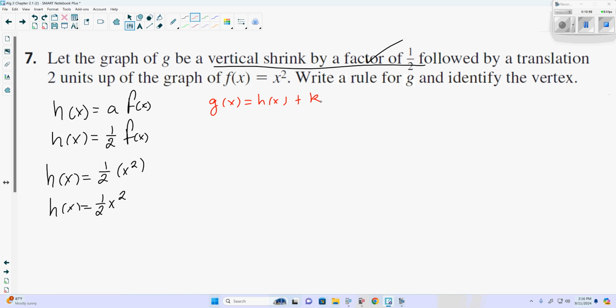The only other translation we have for this is 2 units up. So it's our h of x plus k. Since we're going up 2, it's going to be plus 2.